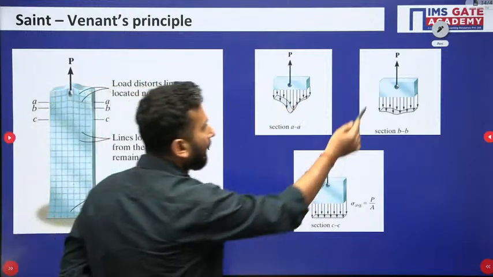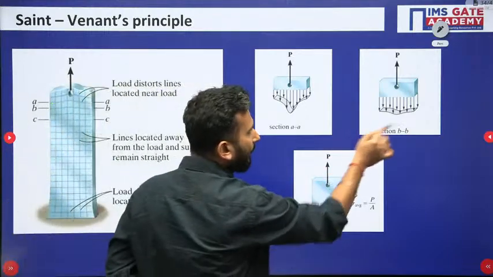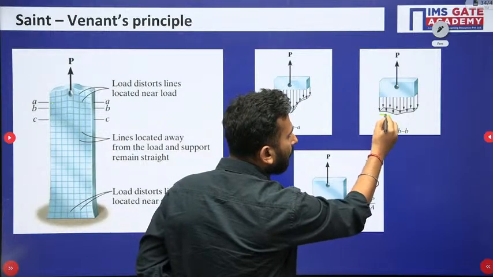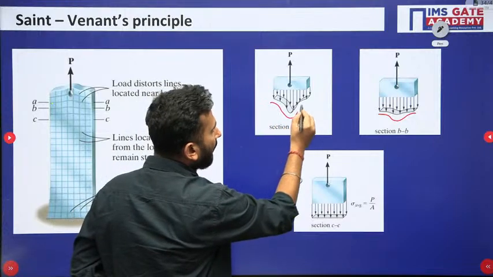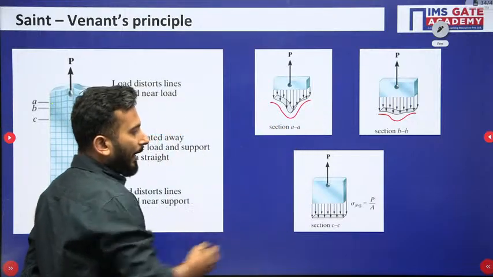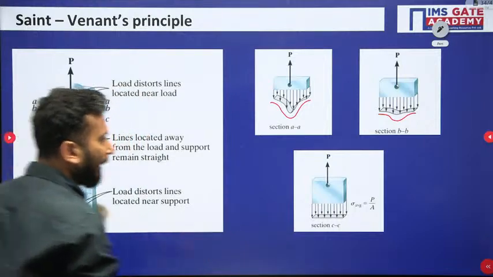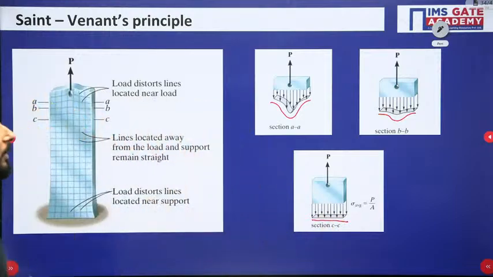If you see one step below, there is section BB. Clearly here also the load distribution is not even. And at section C, it is somewhat better; an even stress distribution is there.